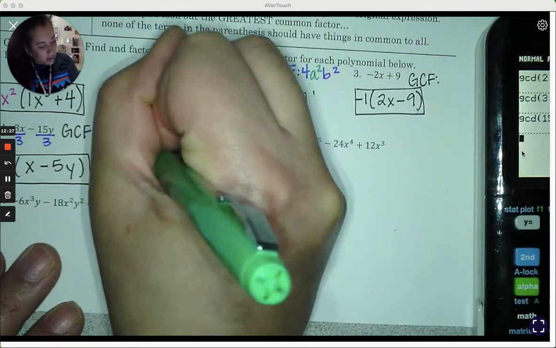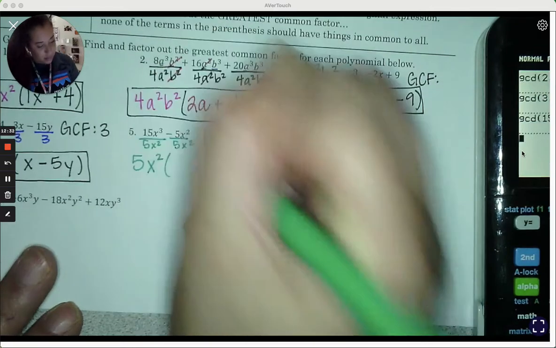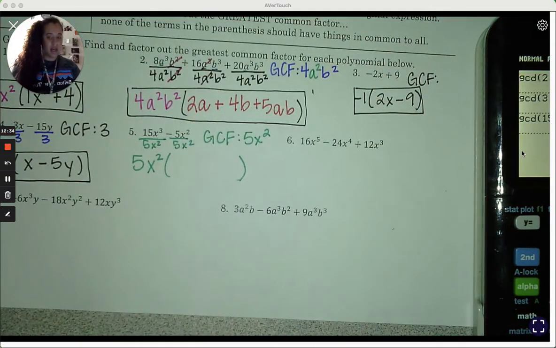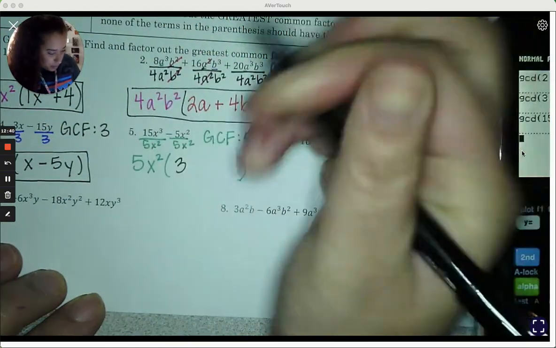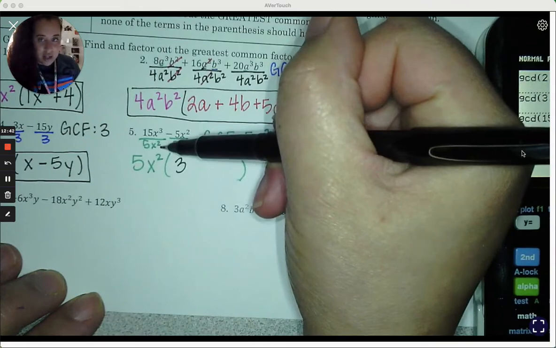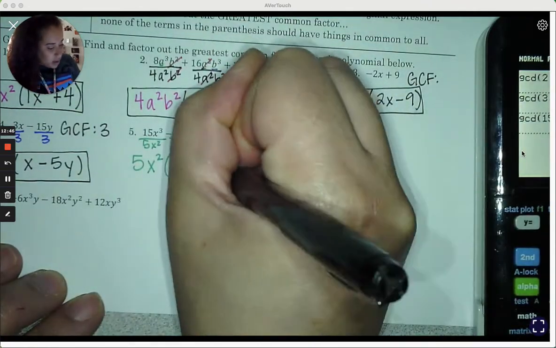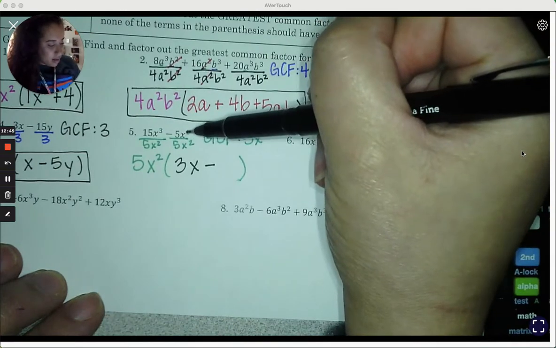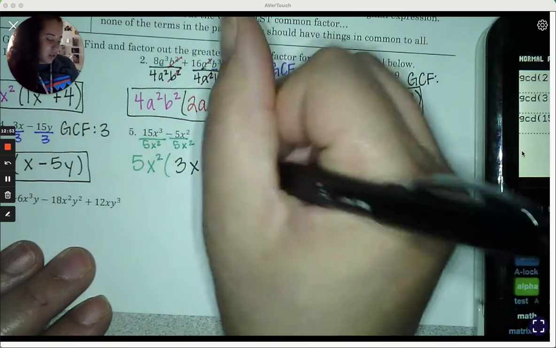And we're going to divide by that. Okay. So when we divide by 5x squared, 15 divided by 5 is 3. And then we have x cubed over x squared, so 3 minus 2 is 1. Minus 5x squared divided by 5x squared. Anything divided by itself is just 1.